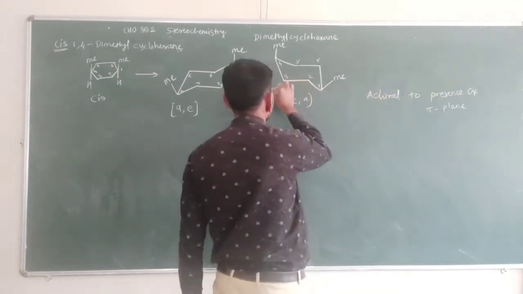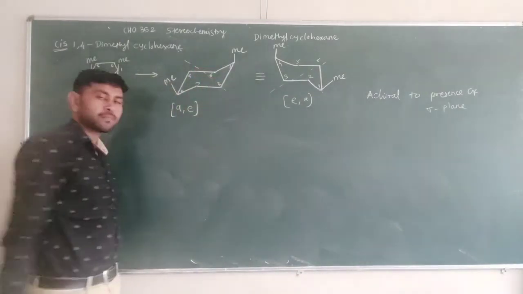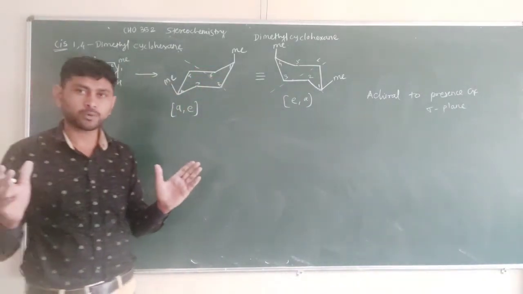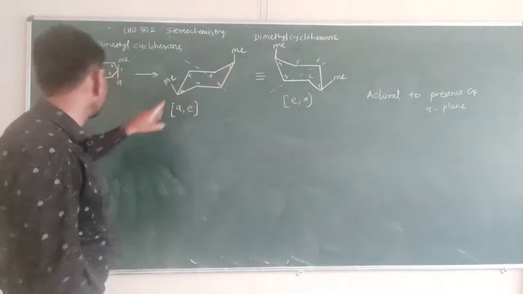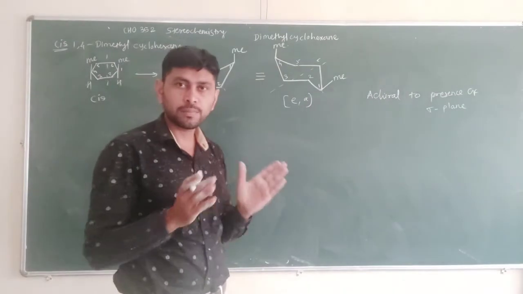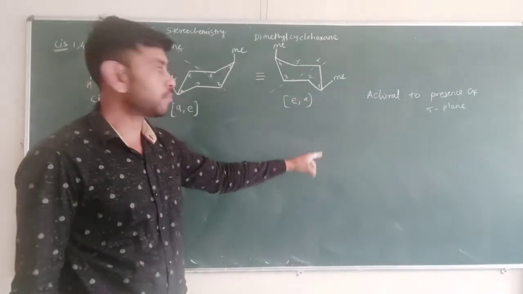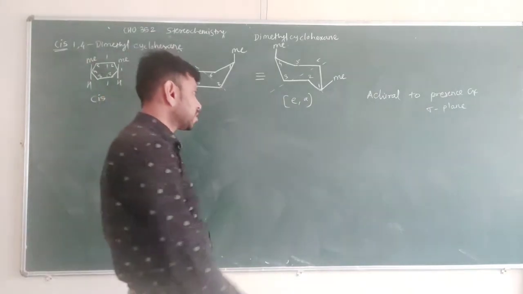Passing the plane gives two equal parts. So due to this plane, these compounds are meso compounds or achiral. All are achiral compounds due to the presence of a sigma plane.